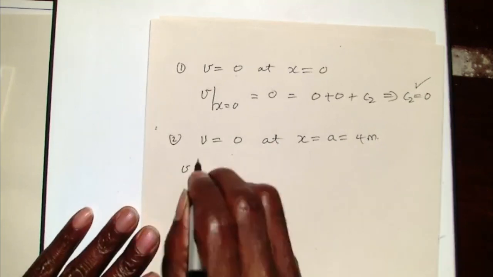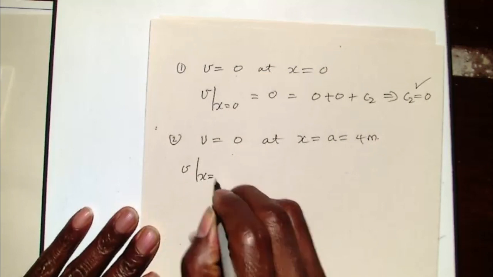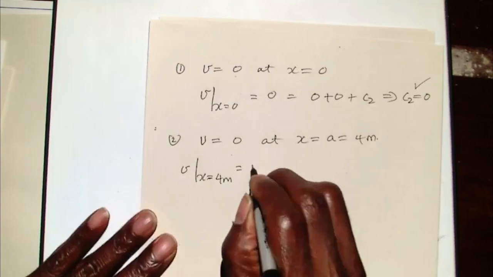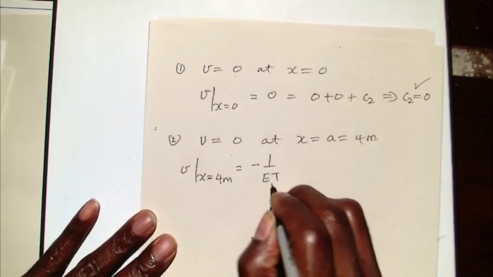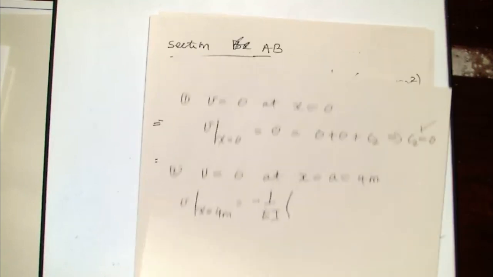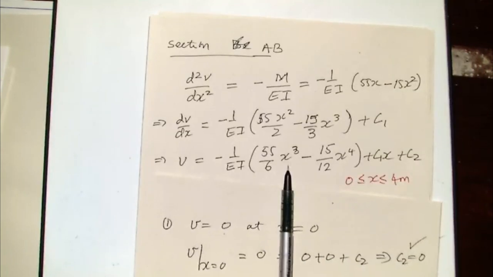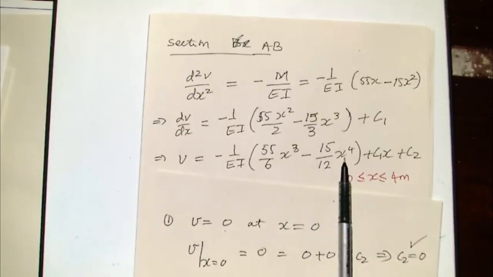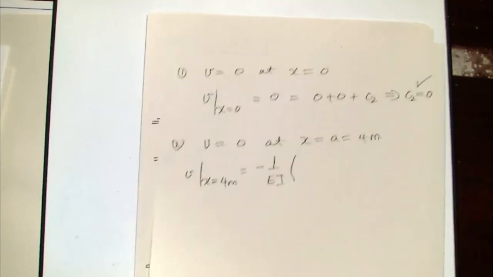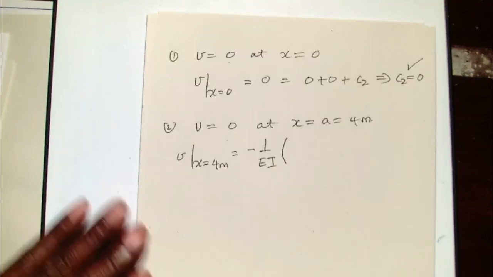We'll put V at x equals 4 meters. In that equation, I have 1 over EI. So what we need to do now is to go back there, and instead of x cubed, I have 4 cubed, and 4 raised to the power 4. C2 is already known to be 0.